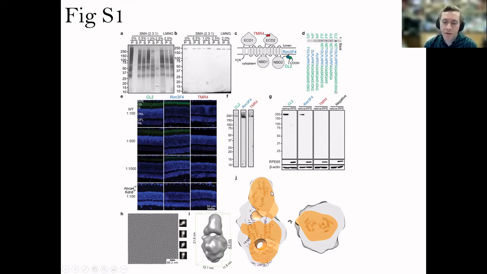We use that to model the size that we should see in our EM structures. But basically this extended intradiscal or extracellular domain needs a lot of room, and the discs are stacked in such a way that most likely the only way that this can fit is to put it into the rim of those discs.